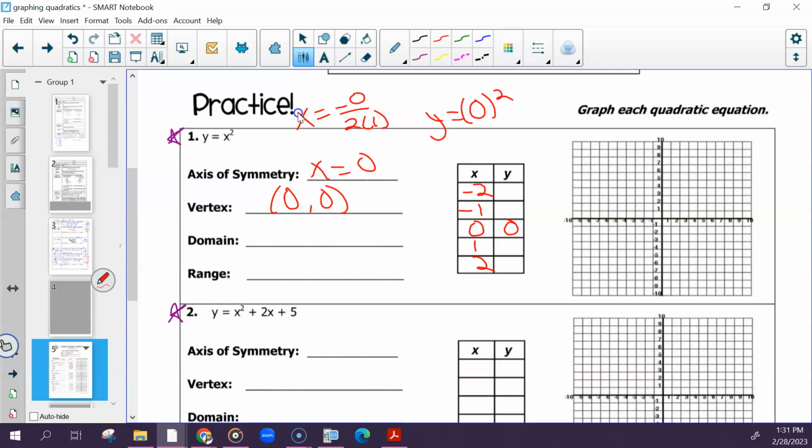This part is where I'm going to suggest you use your calculator. You are more than welcome to do this by hand, but it will take time. If you're doing this by hand, you would have to take each of these x values, put them into your equation each time, and find your y value each time. Up to you if you want to do that.